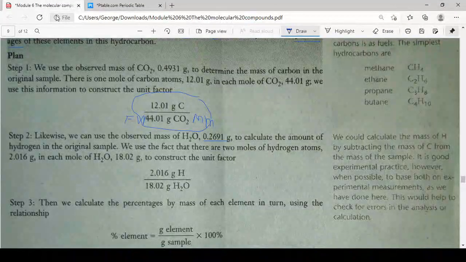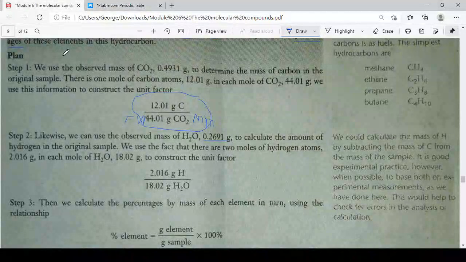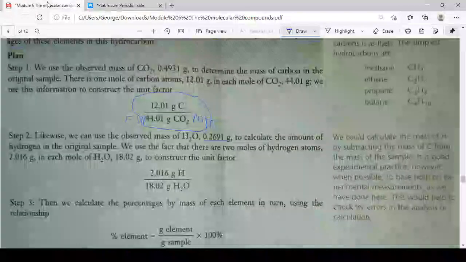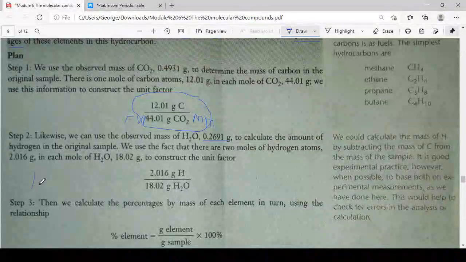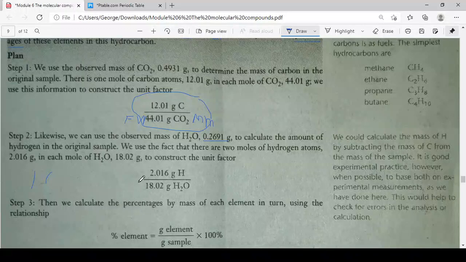Or simply, we look in the periodic table of elements for hydrogen over the H2O molecule. Two hydrogens is equal to how much? 1.01 if we round off, times 2 is equal to 2.02.